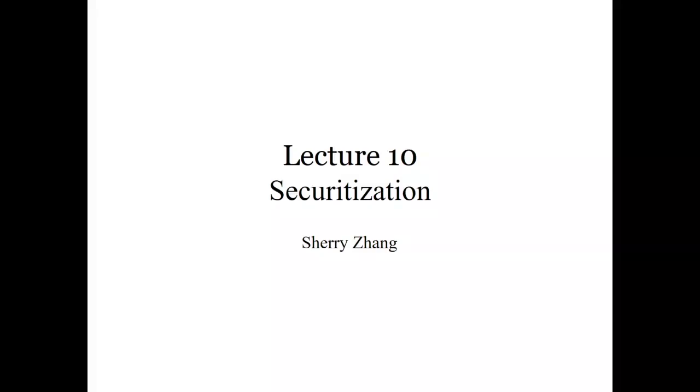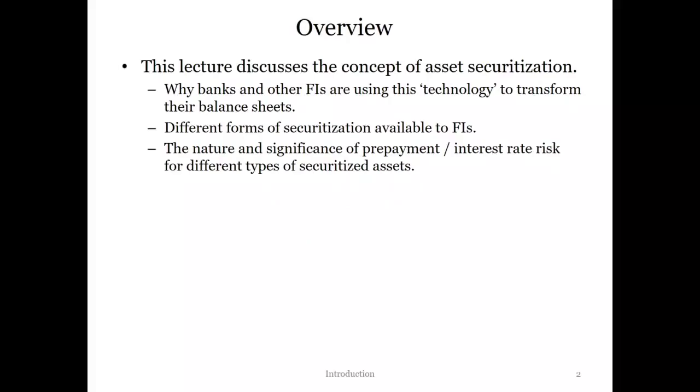So what we're going to do is comprehensively introduce how the technology works, and then we will talk about different forms of securitization and the nature, different behaviors or characteristics of securities issued from the process.